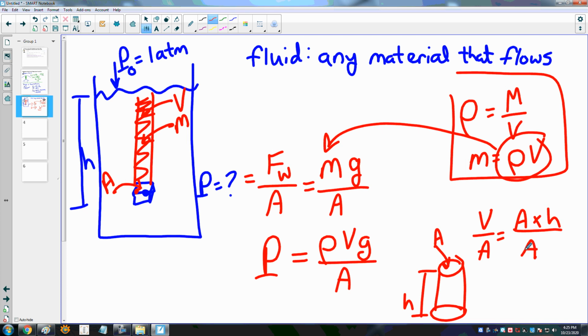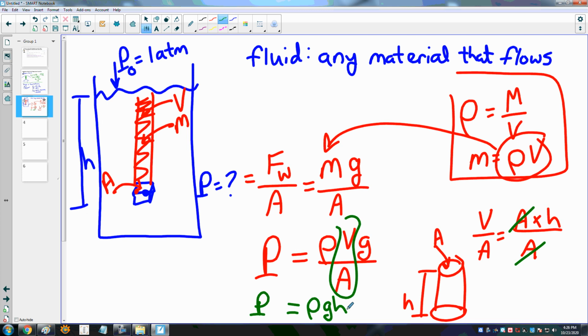So I divide this by A, and now recognize that these two A's will cancel out and just leave me with the height. So here, where I have V divided by A, I can replace that and get my final expression for pressure, which is going to be rho times g times h.